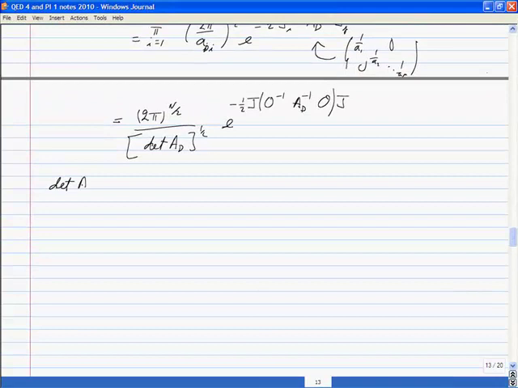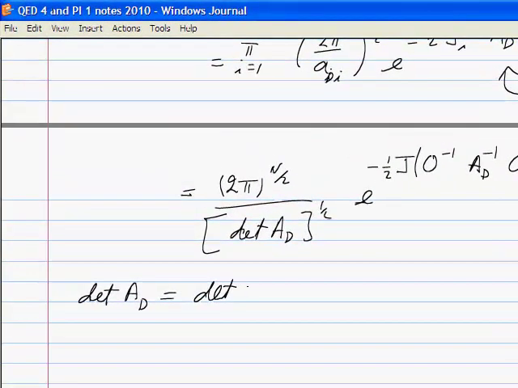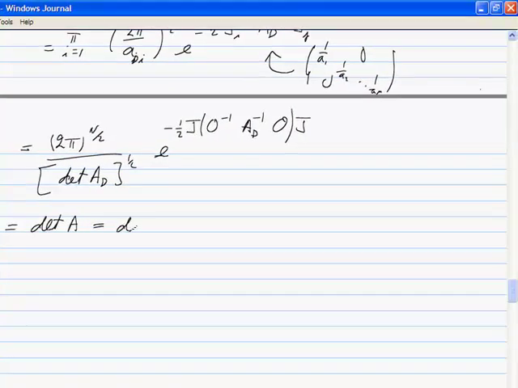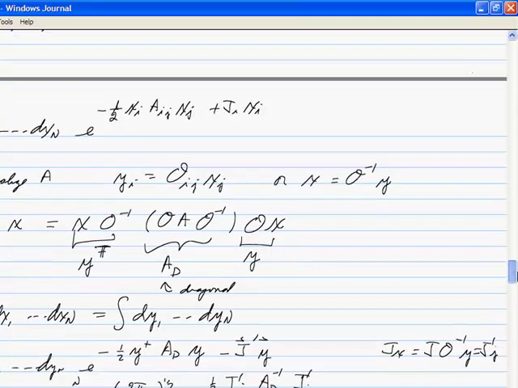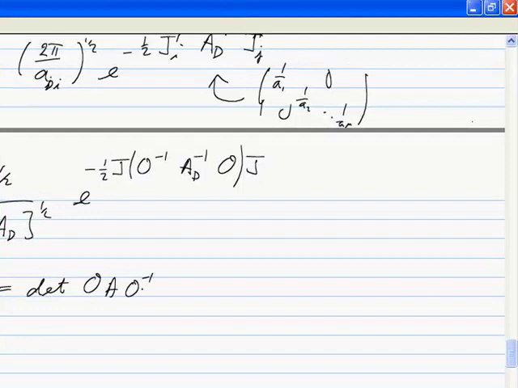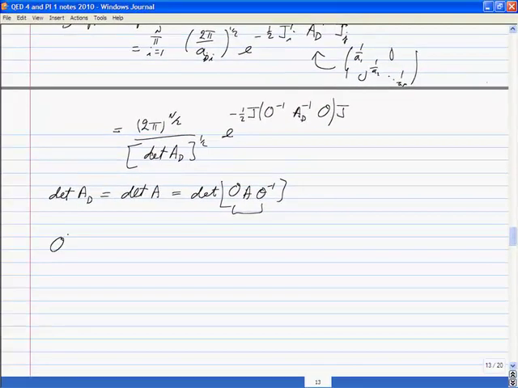We need that determinant A diagonal is the determinant of A, because determinant of A diagonal is determinant of O A O^{-1}. And by the property of the determinants, the O's cancel each other, and so then we get the determinant of A.